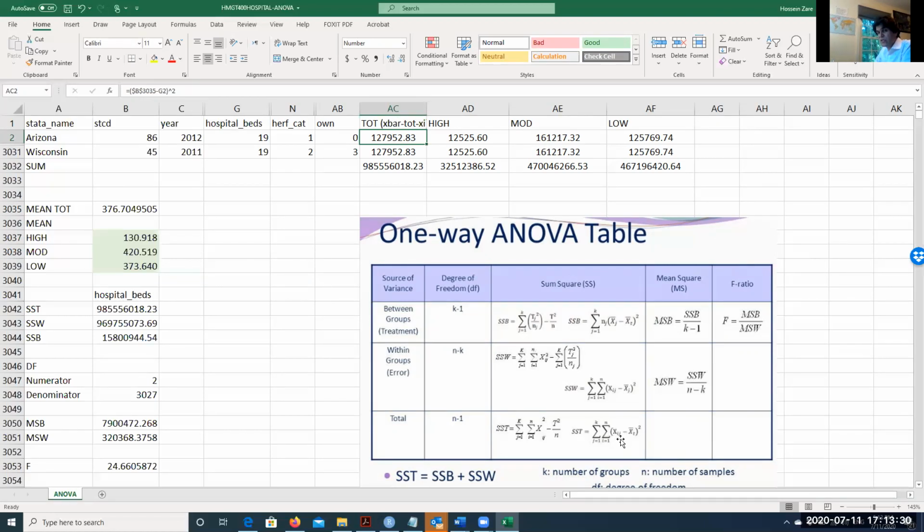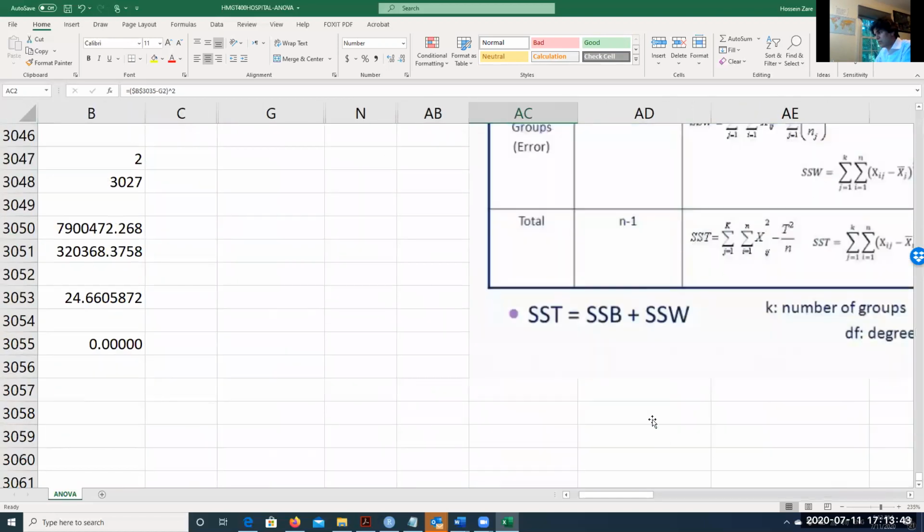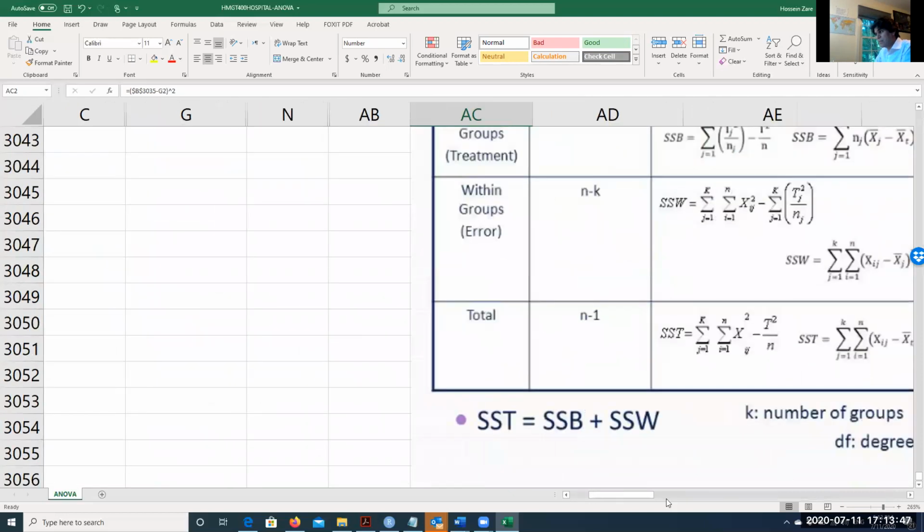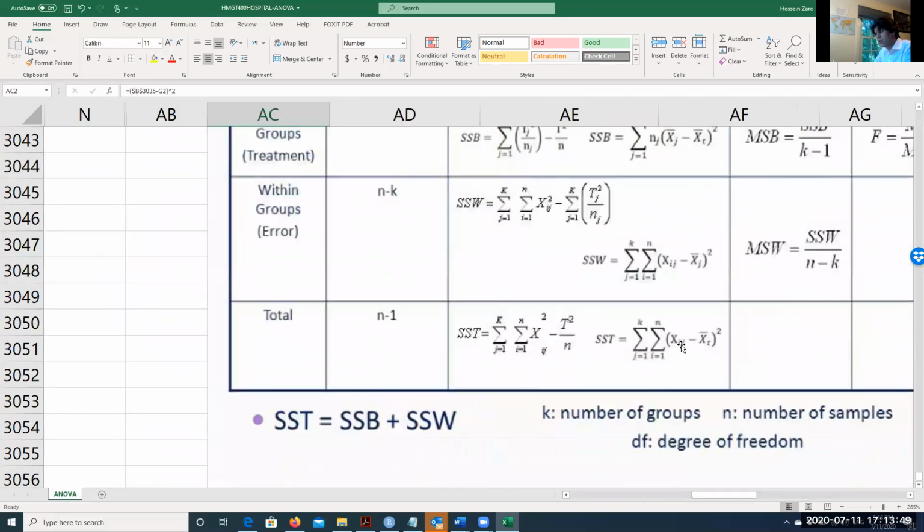So xig means xi, every individual observation for g as a group, in group 1, minus x bar of total. Let me give you higher resolution so you can see this formula. It's a sigma of sigma, with k as the number of groups and the number of observations in each.